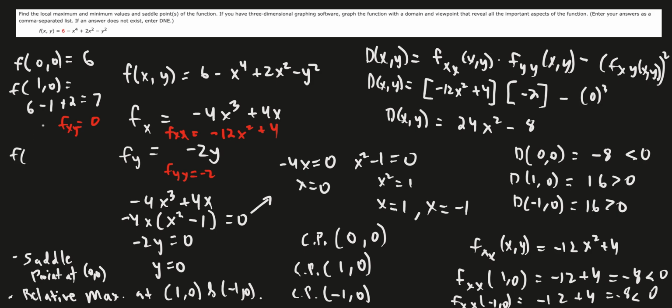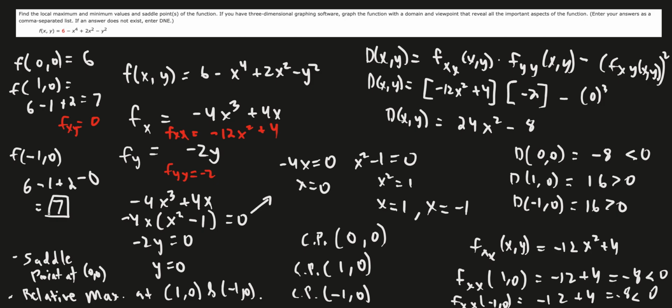And so what I wanted to reiterate is that this is the saddle point value, but this is where the saddle point is located. So negative 1, 0 is going to be 6 minus 1 plus 2 minus 0, which is also 7.